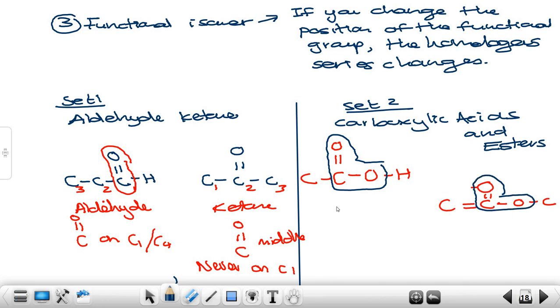But what is different? This one is at the end, carbon 1 or the last carbon. This one is in the middle. If you shift it from the middle to the end, it's a carboxylic acid. If you shift it from the end to the middle, it is an ester. The same goes for this side.